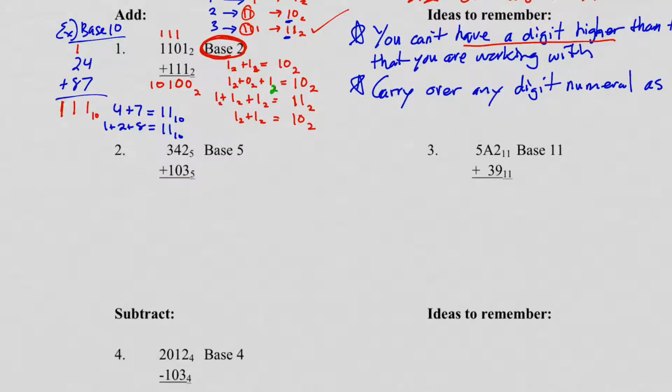Number 2 is base 5, okay? So in base 5, we have 3 plus 2. Let's go ahead and write this over here.